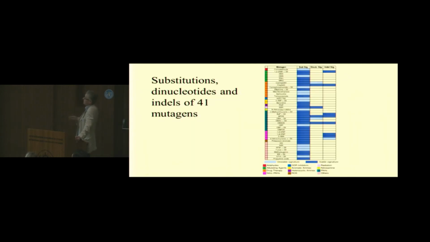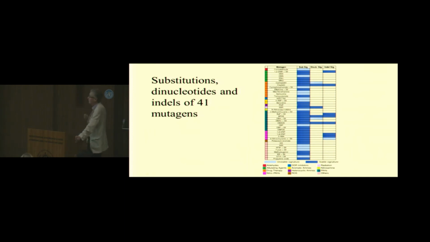So this is a summary, if you like, of the 41 that gave substitution mutations, some with lesser confidence, shown in light blue, and you can see that a few of these agents also gave either disubstitution signatures or indel signatures, or in some cases both. So quite a mixture here.